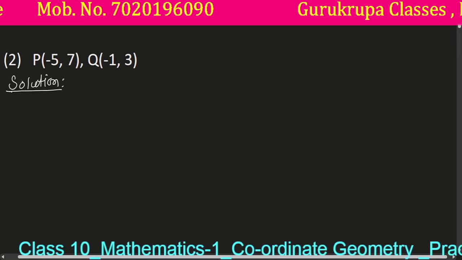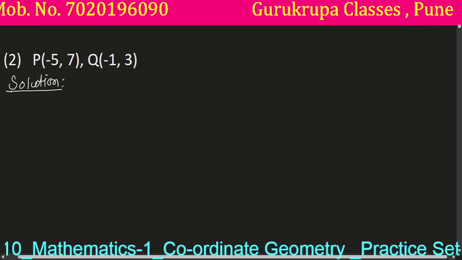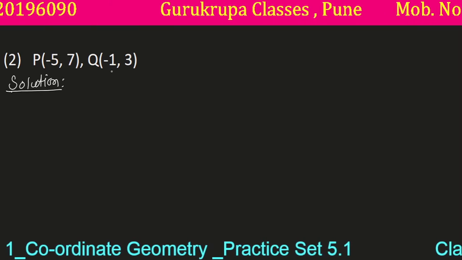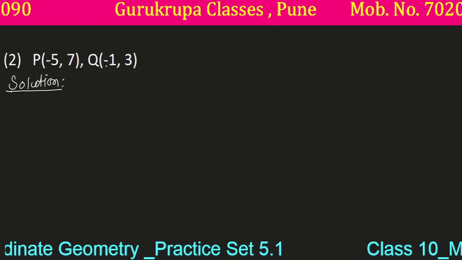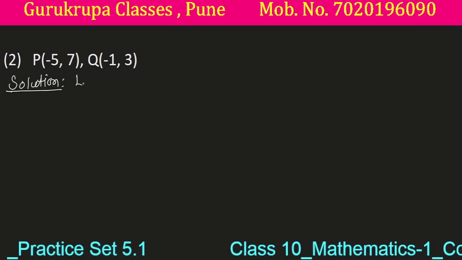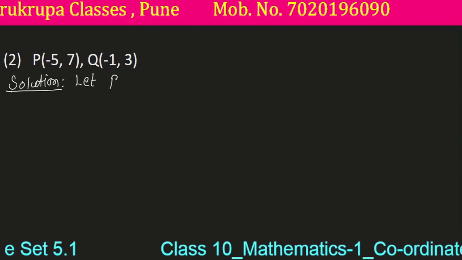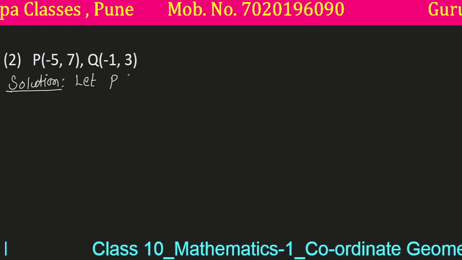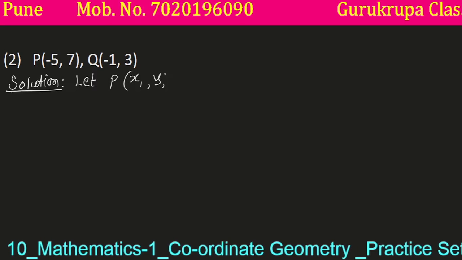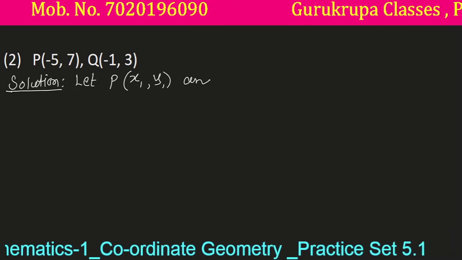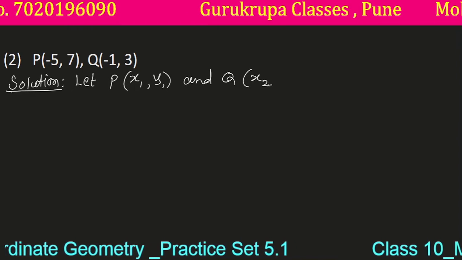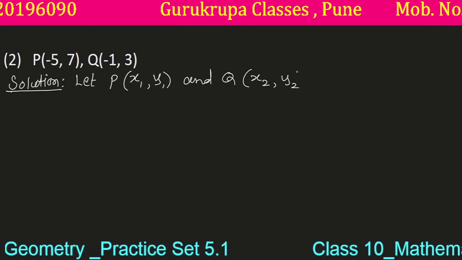Sum number 2, coordinates of point P are -5 and 7, and coordinates of point Q are -1 and 3. So in solution we can say that let coordinates of P we give name as x1, y1, and coordinates of Q we give name them as x2 and y2.